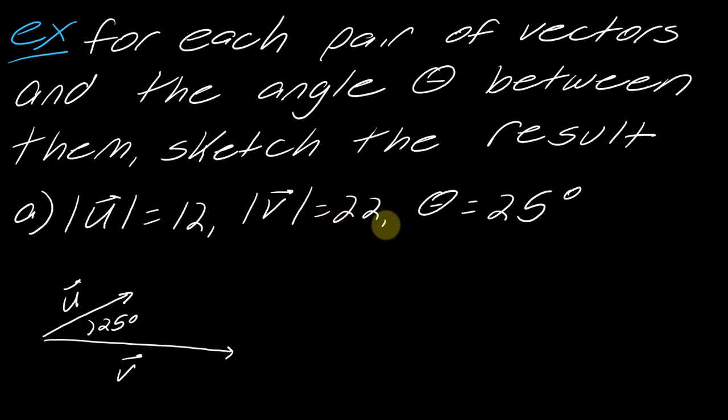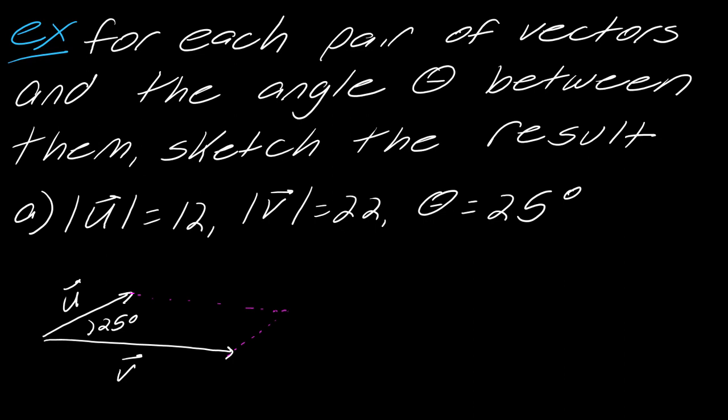You're kind of eyeballing this, but it should make sense, right? This should be a little over half of the length of this one, if you just think about the magnitudes. And the angle between them is 25 degrees. That's it. Just trying to get you used to how you take in this information and work with vectors. We're doing total basics here.